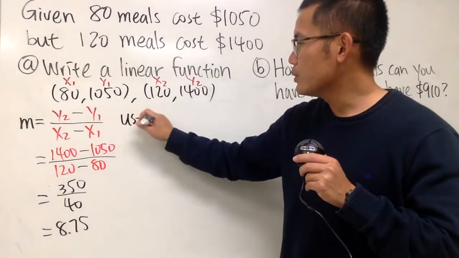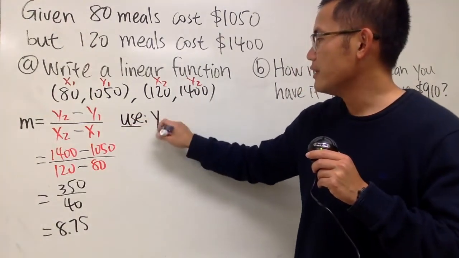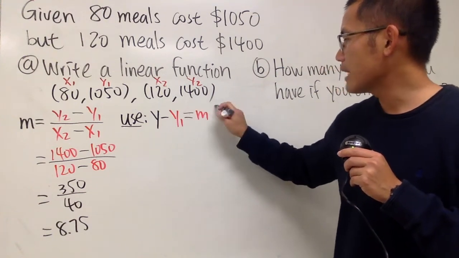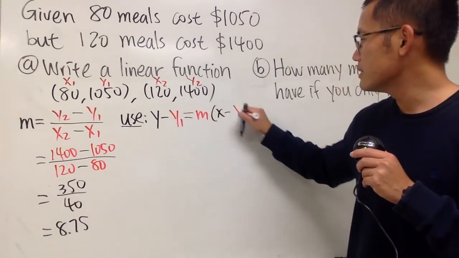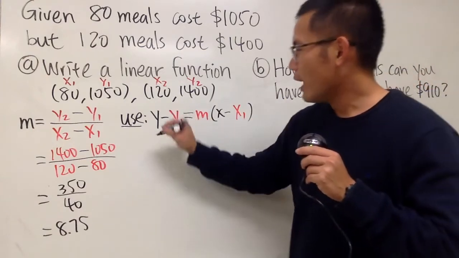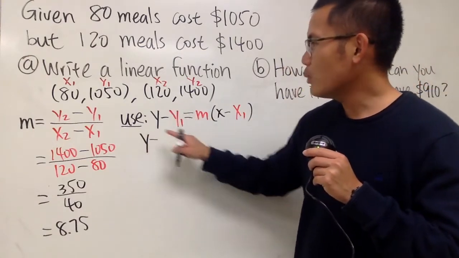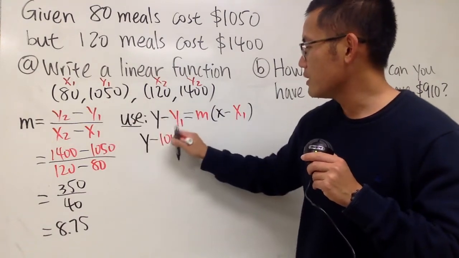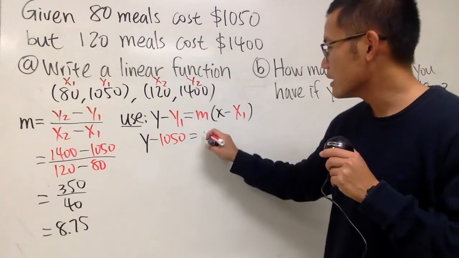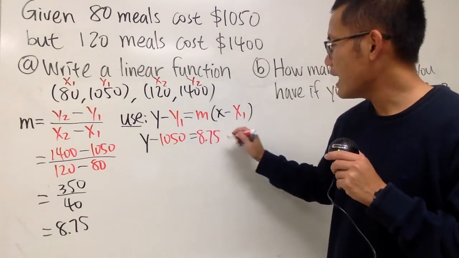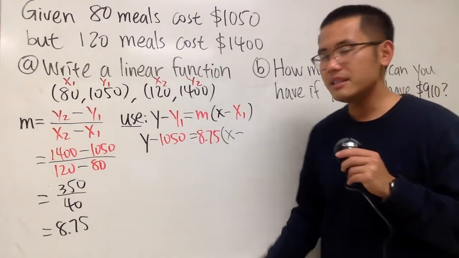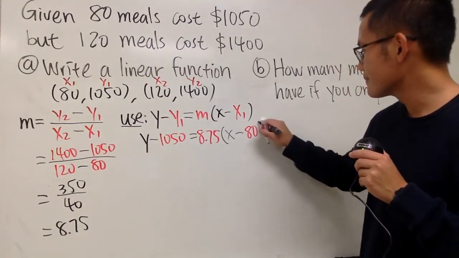Next, we are going to use the point slope form of a line, namely y minus y1 equals m times x minus x1. And let's go ahead and just set this up. y minus y1 is the 1050, right? And this is equal to, m is equal to 8.75 times x, and then minus x1 is 80. So this is what we have, right?